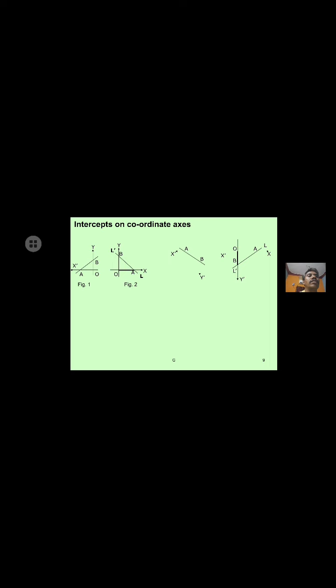And look here, L dash is a line and it intercepts at A and B on the x-axis and y-axis respectively. Like this you can see in figure 3. So in figure 2 we can say it is the first quadrant, and in figure 1 the second quadrant, and in figure 3 the third quadrant, and 4 the fourth quadrant.